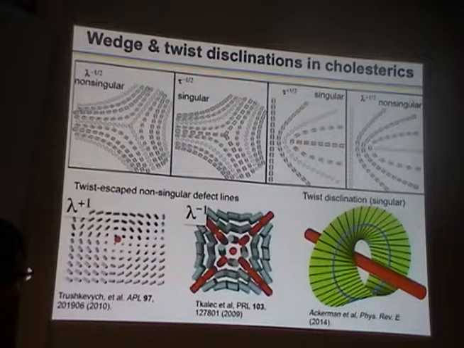So 2 more examples in here involve the +1/2 analogs of those disclinations, so tau +1/2 and -1/2.